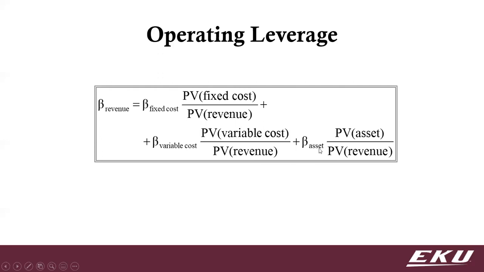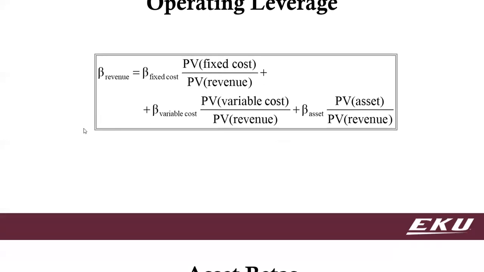And then the assets themselves, what are they worth? All of these are based on the present value of that revenue stream, and that's going to give us the beta of the revenue portion. Revenue is going to be, did I make enough to cover the fixed and variable costs, the present value of fixed and the present value of variable? And then I've got the asset itself. Okay.